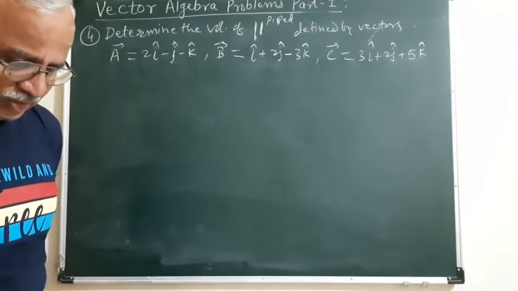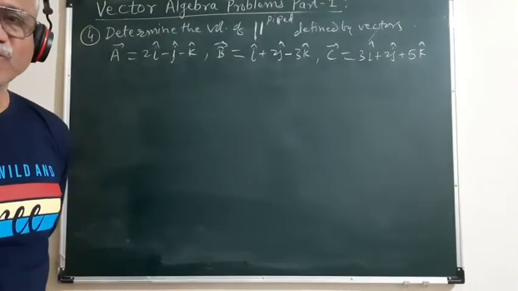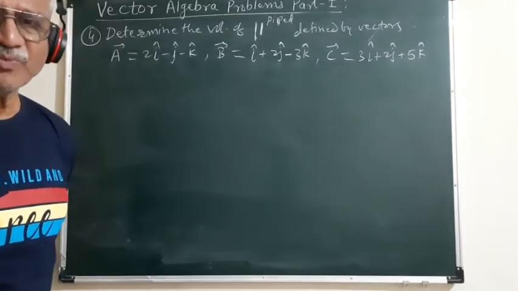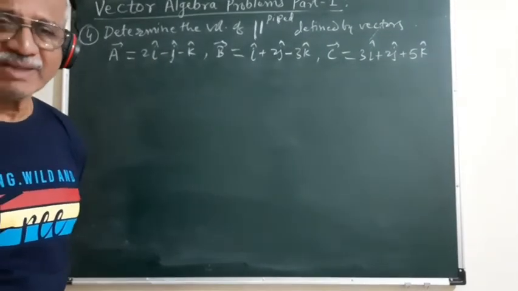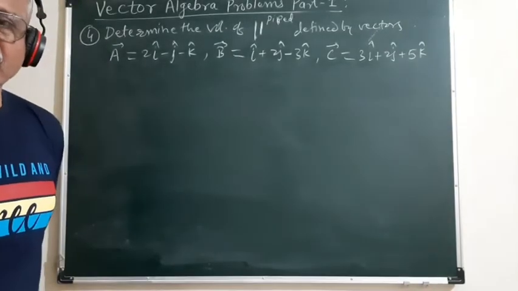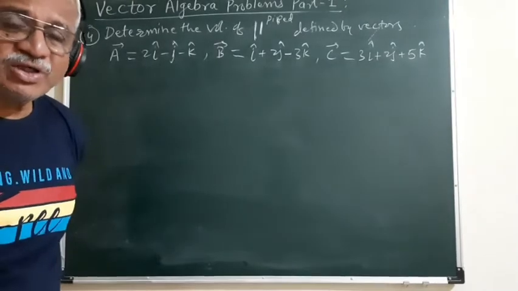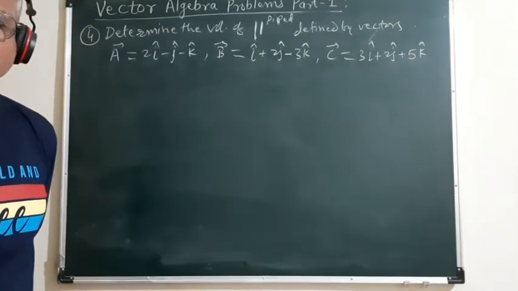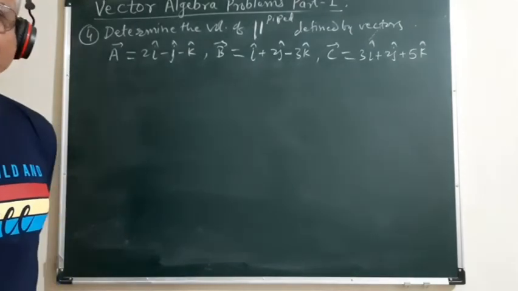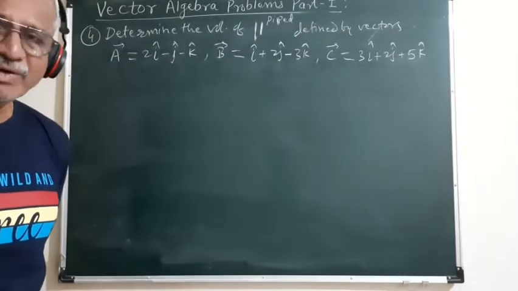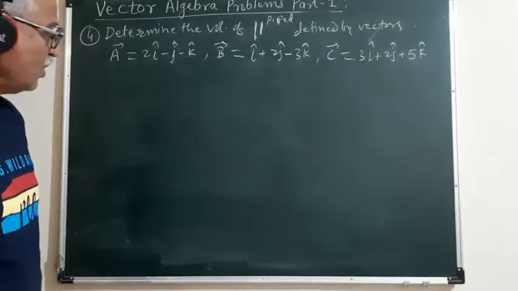While discussing the geometrical interpretation of the scalar triple product, we said that the scalar triple product of the three given vectors gives the volume of the parallelepiped formed by them as the three adjacent edges.